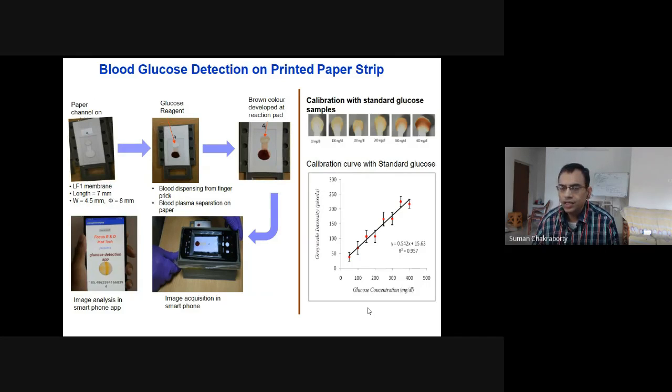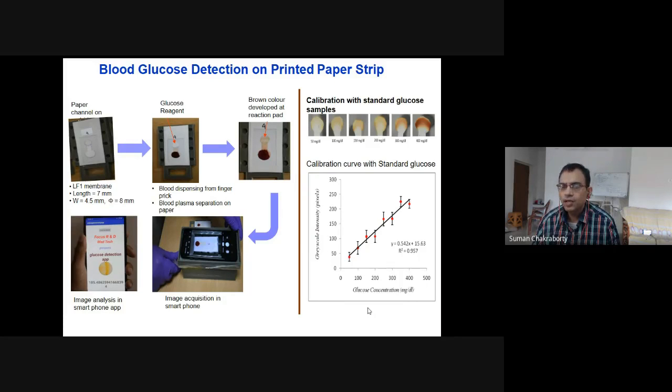The other challenge is that in many of those devices, the whole blood diagnostics is done, and in that way the glucose of the whole blood is examined rather than the glucose in the plasma.